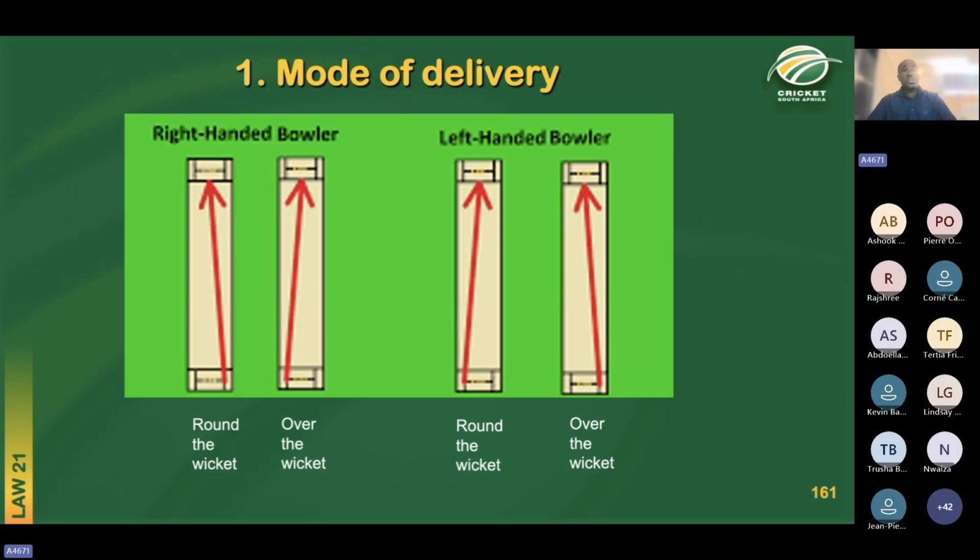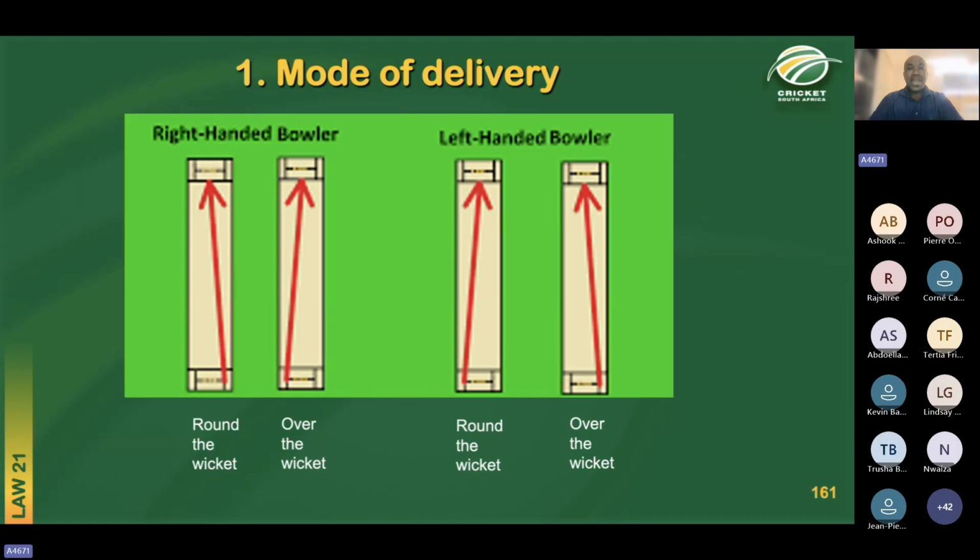So if the bowler does not tell you what their mode of delivery is, then you as the umpire need to ask that bowler, are you bowling right hand? Are you bowling left hand? Are you bowling round the wicket or are you bowling over the wicket? And that bowler needs to bowl the mode of delivery that they have communicated to you.